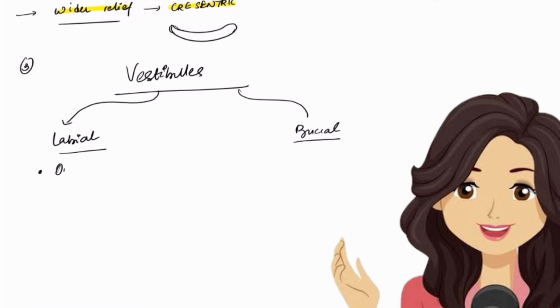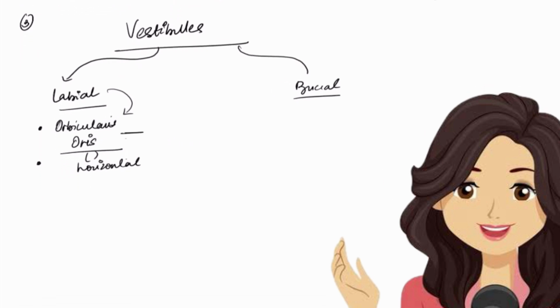Mainly it is affected by orbicularis oris, because the fibers of orbicularis oris here are horizontal. It mainly forms the outer surface of your vestibule, and it is the main muscle of the lip.